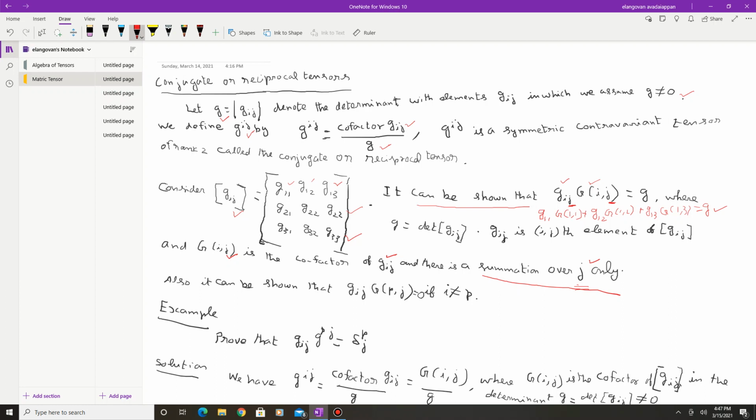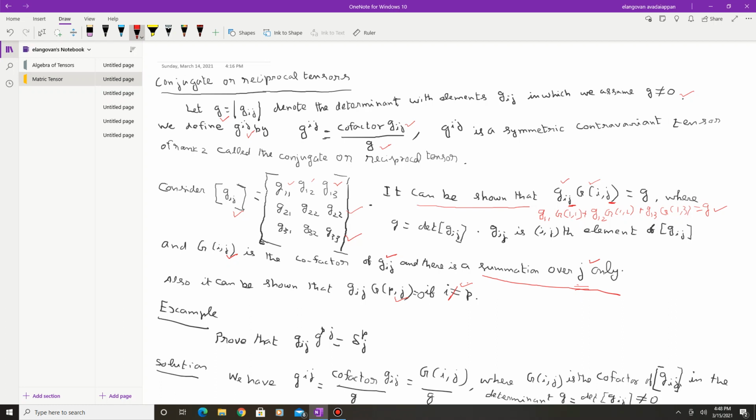Also it can be shown that gij times the cofactor of the pjth element, when i and p are not equal, is 0. Only when i and p are not equal is this true, which is important.